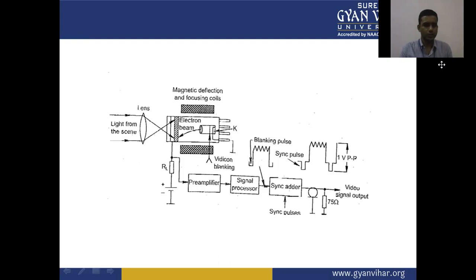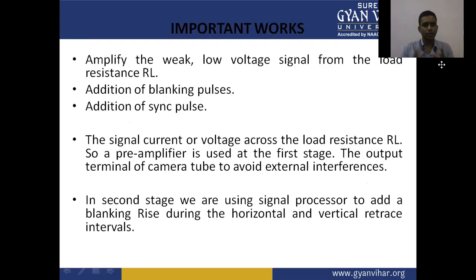We have already discussed how the scanning of the electron beam occurs in the image processing unit or image section. Amplify the weak low-voltage signal from the load resistance RL, then add blanking pulses and add sync pulses.